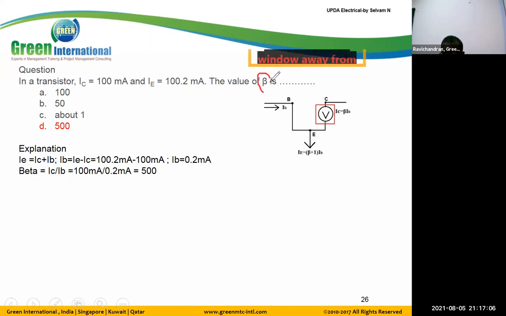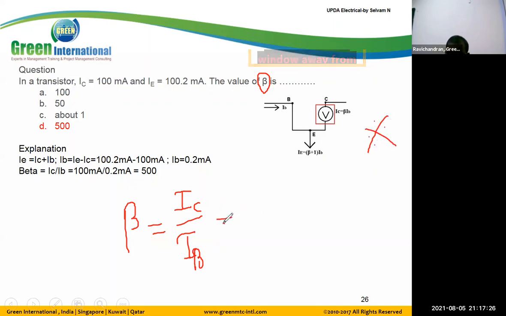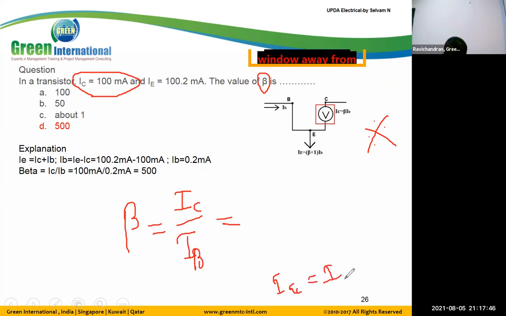So we need to find beta, which is equal to IC divided by IB. IC is available here, but the base current is not. But we know the formula IE is equal to IC plus IB.